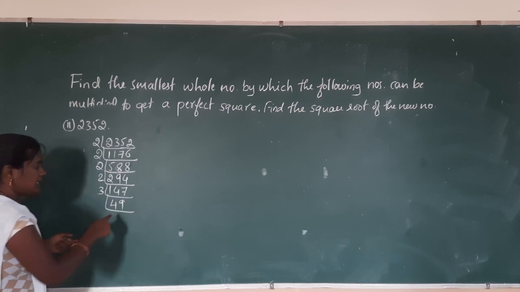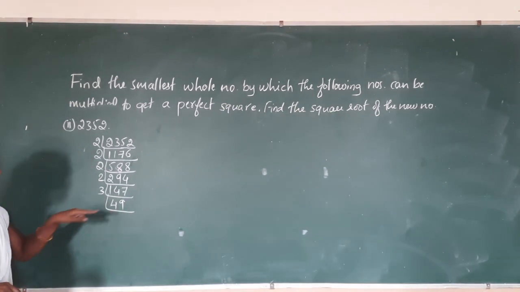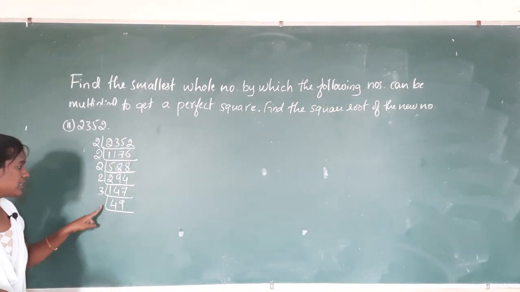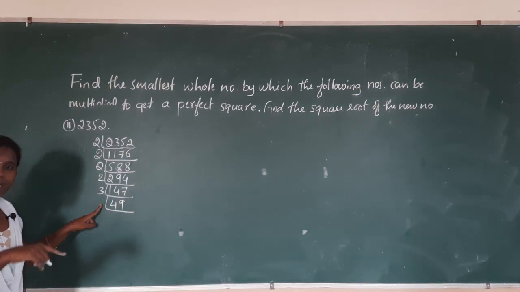Is it divisible by 3 now? 9 plus 4 is 13, it is not divisible by 3. So the next prime number is 5, it is not divisible by 5. Then you have to go for 7, 7 7s are 49, so 7 1s are 7. Over. So now if you observe the vertical column, you will find that 3 is unpaired.